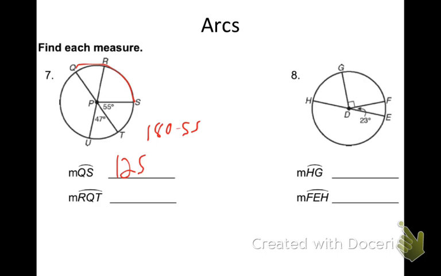Right there. What about the second half of that, RQT? What is the measure of RQT going to be? Let's go with Peyton. What'd you get? RQT. What'd you say? 100 and what? 227, right?